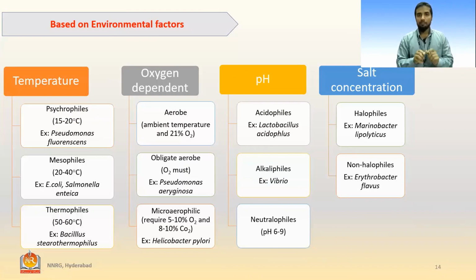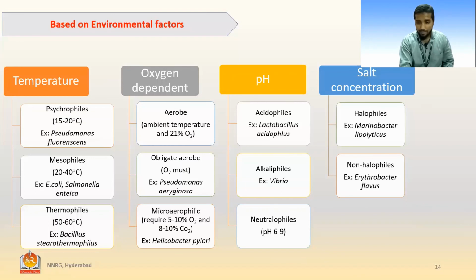Halophile, basic thing, halo means halogen, presence of halogen. What is the halogen in a salt? That is NaCl, chlorine, right? Chlorine itself is a halogen. So halophiles means salt concentration. The organisms which can survive in greater salty solutions, or solutions having more concentration of salt, are called halophiles.